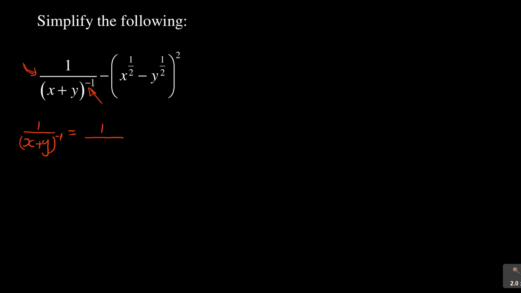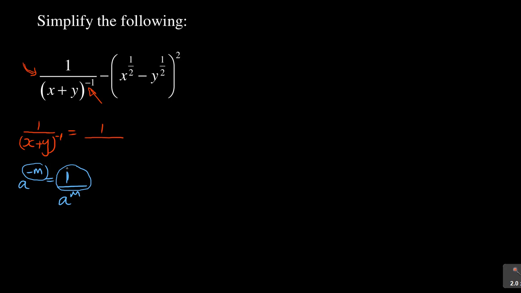Now to get rid of this particular negative using the laws of exponents, if you still remember, there is a law of exponents which says a to the power negative m is equal to 1 over a to the power m. So to get rid of this negative m, you put a 1 over.